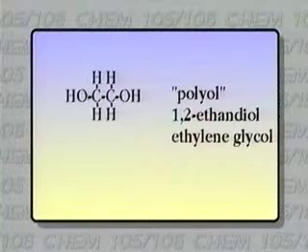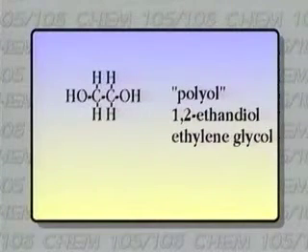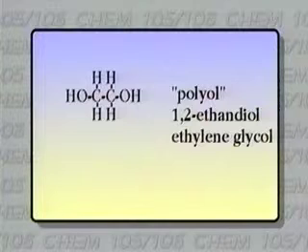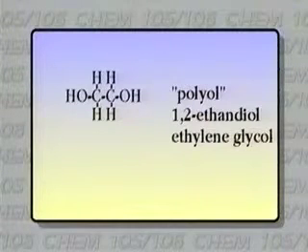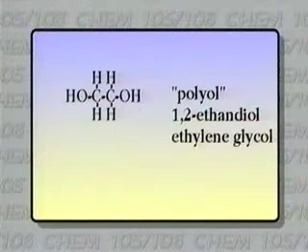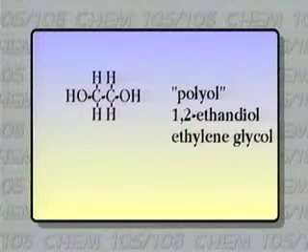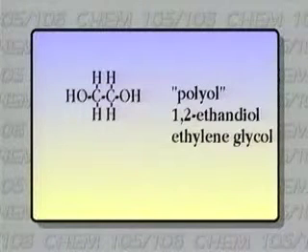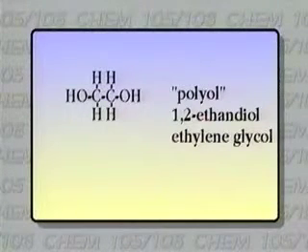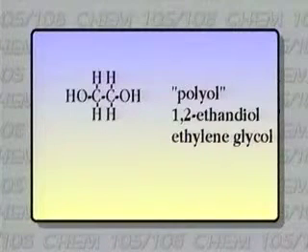So polyols. A polyol then is any organic compound that has 2 or more alcohol groups attached to it. The OL ending, of course, for the alcohol, and poly is the prefix that we use for many.